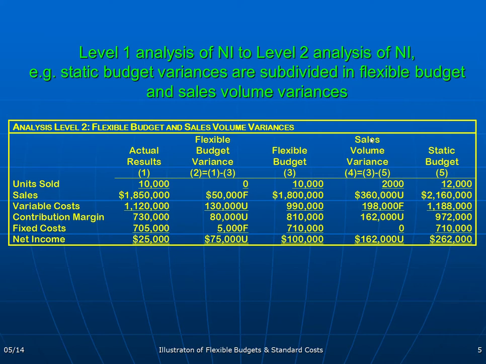Then we would calculate a sales volume variance. This is going to give us insight into how effective we've been. Sales volume variances are calculated by comparing a flexible budget to a static budget. So our static budget here is based on 12,000 units, which is some measure of our capacity.